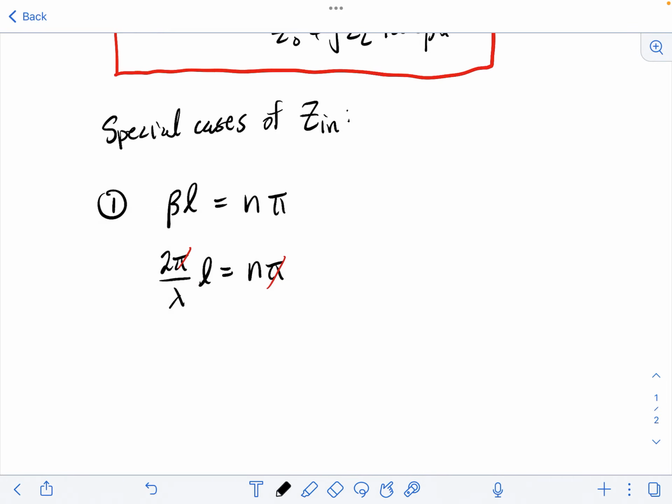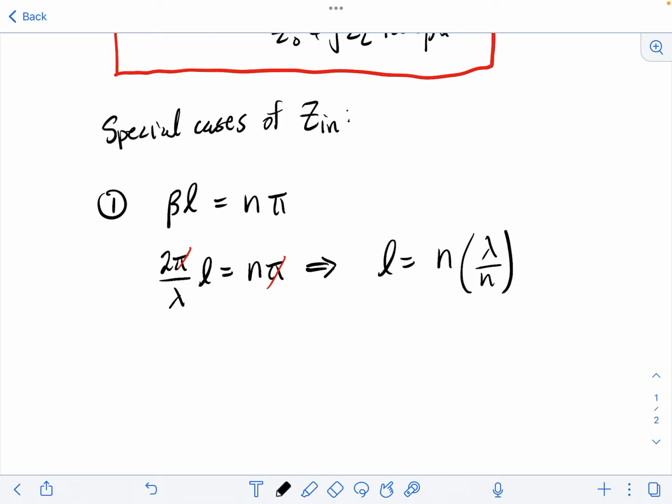If we solve for the length, we find that the length is an integer multiple of lambda by 2. So we set our transmission line to have a length equal to half a wavelength, or one wavelength, or 1.5 wavelengths of whatever the signal propagating in the transmission line is.